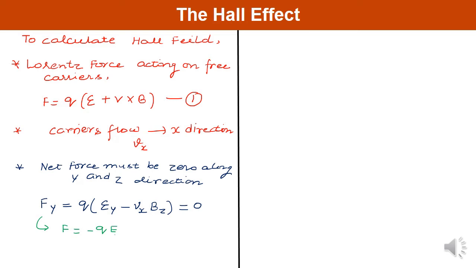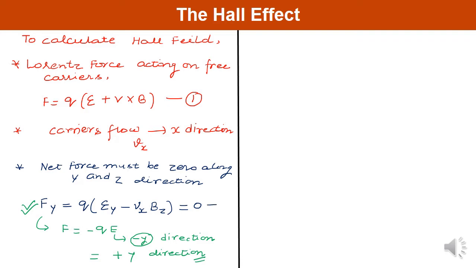Since this electric field is in minus y direction, and minus is multiplied with minus, force acts in y direction. Therefore, here you have written Fy. I hope this term is now clear to you.